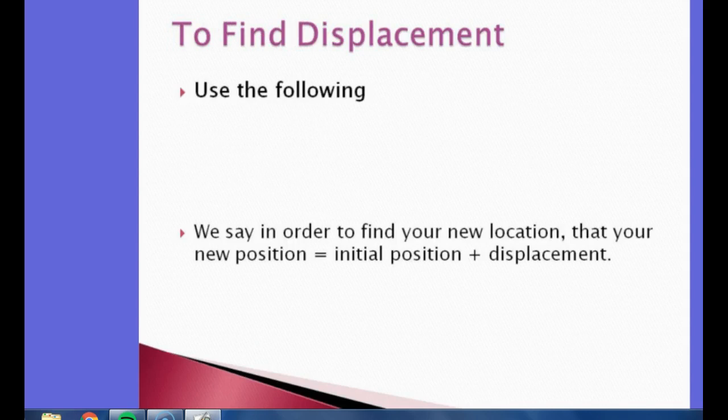To find displacement in terms of an integral, we're going to talk about initial position to ending position. So we'll start at time A, and we'll end at time B. If I want to find displacement, which is kind of like position, what would I be integrating?